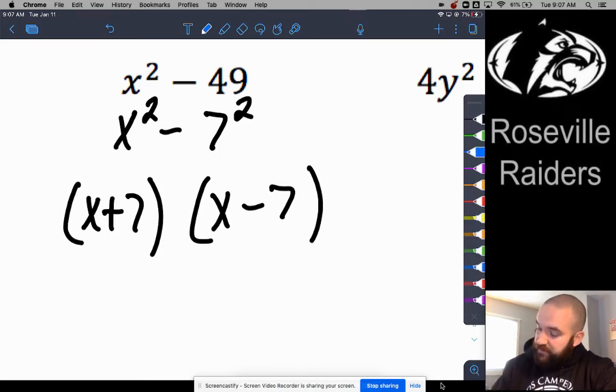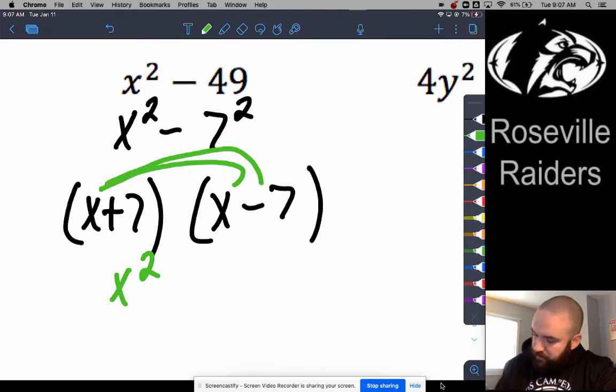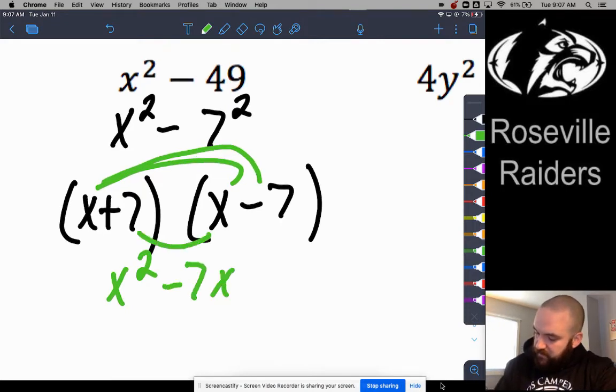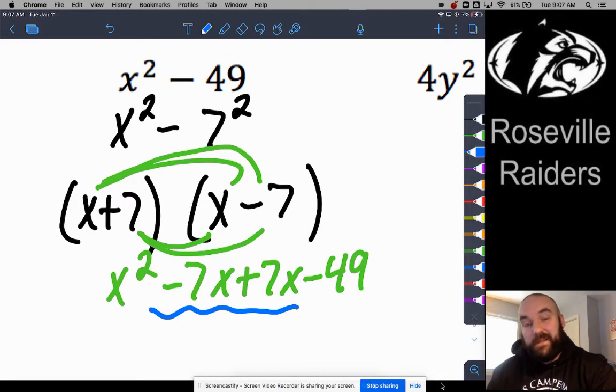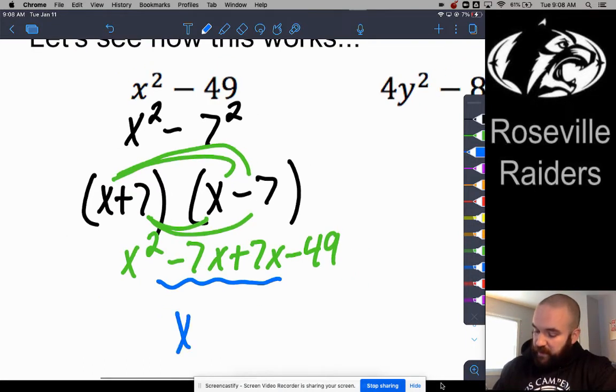If I distribute this to check, I get x squared minus 7x plus 7x and minus 49. And then when I combine like terms, the negative 7x and the positive 7x cancel out. And so I'm left with just x squared minus 49.